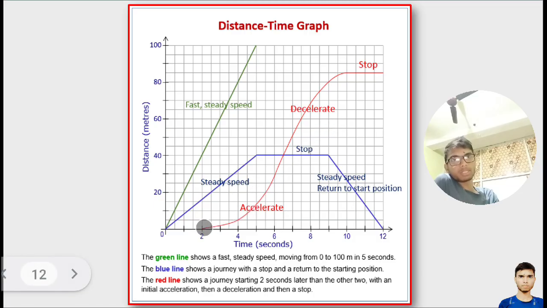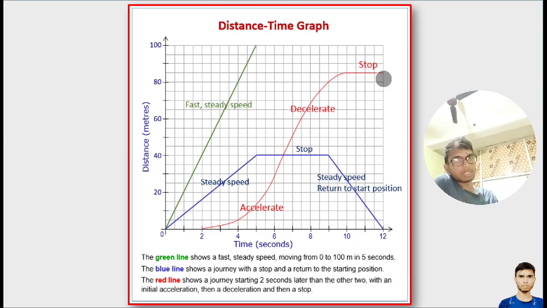Now let's see, look at this red line. This object was at rest, it started moving slowly. Then immediately the speed of this object increased, and you can see here it is decreasing.